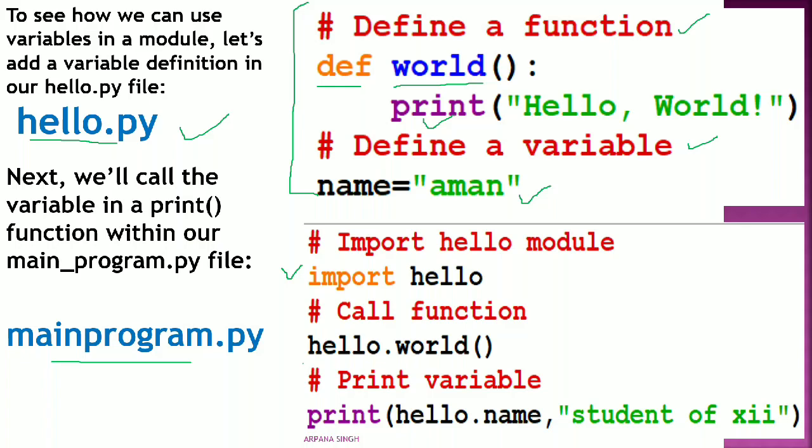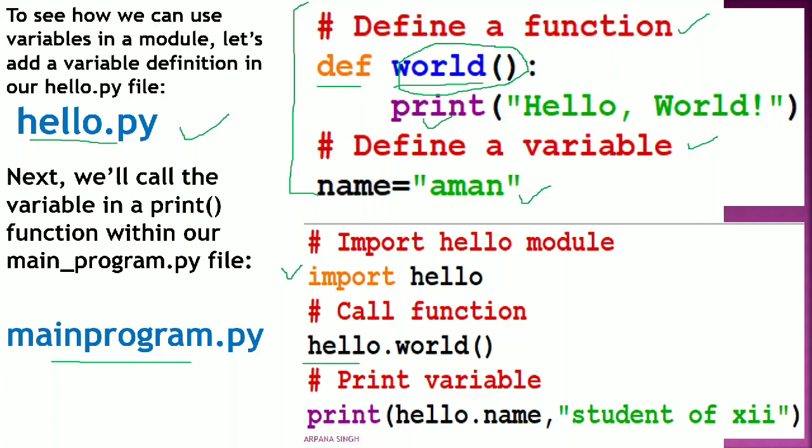So here module name is hello. So hello dot, this is the function name world. See, I have defined here. These are two separate programs. It is shown on one screen, but in the actual environment, they will be two separate programs. So this is the second program where you'll write hello.world.